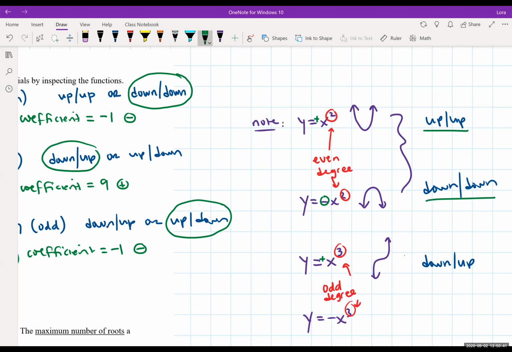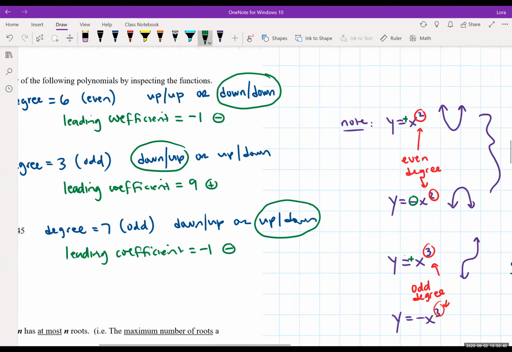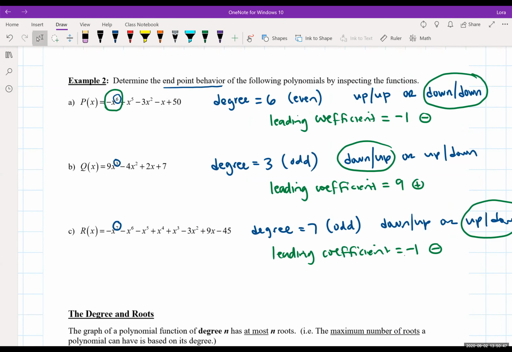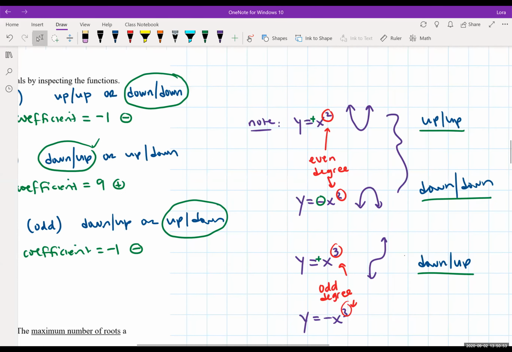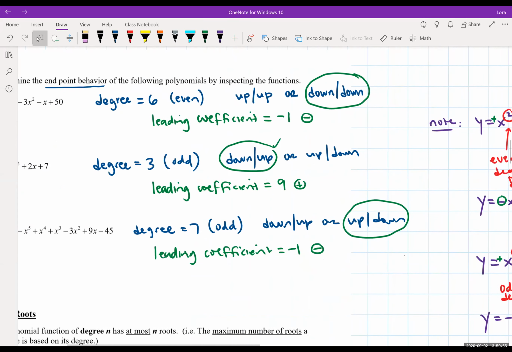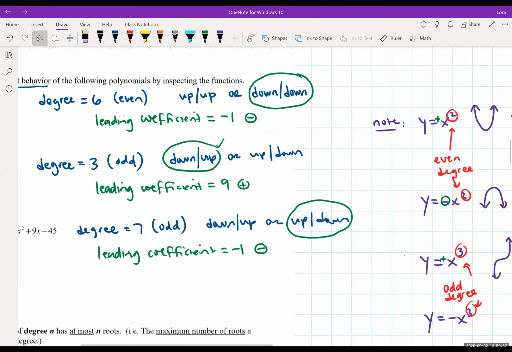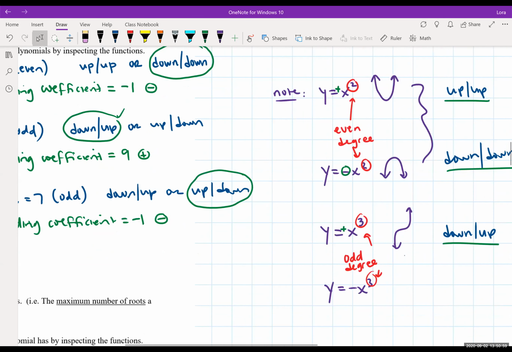So that could give us a clue about looking at, I believe it was Q of X. We saw that it had a positive coefficient, and that's why we had the down then up. So it gives us a hint, even though the degree might be higher. Right now it's at x cubed, but the parent graph helps us out.